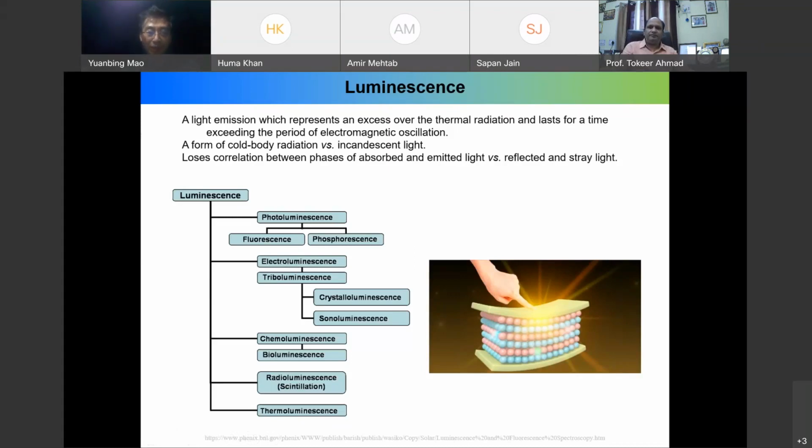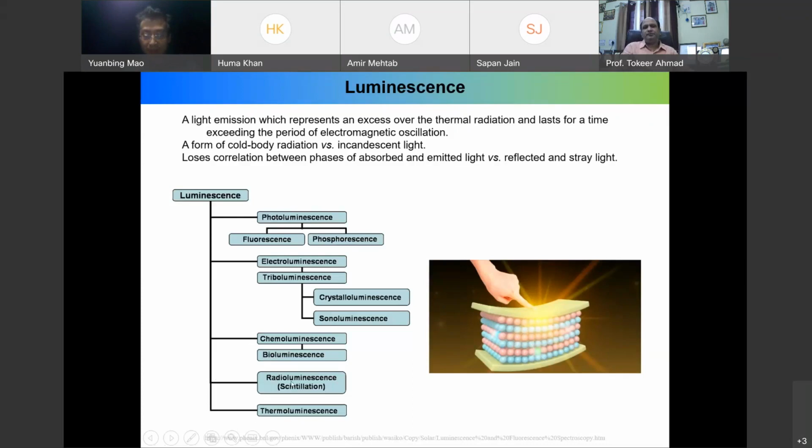It also gives triboluminescence, crystalloluminescence, and sonoluminescence. Another type of luminescence, which happens in nature, is chemiluminescence. If it is related to biology, it's called bioluminescence.